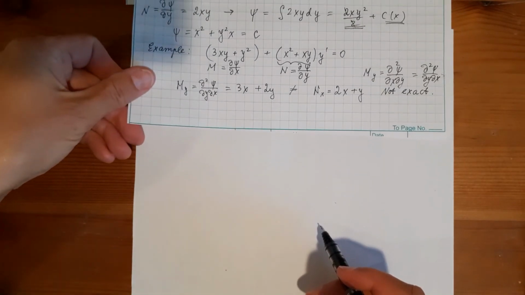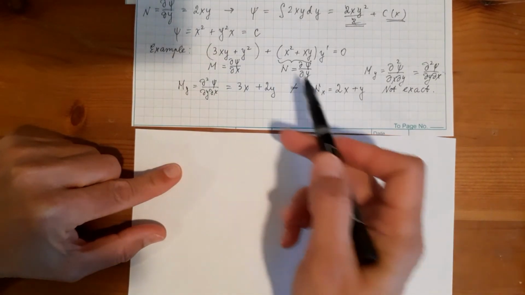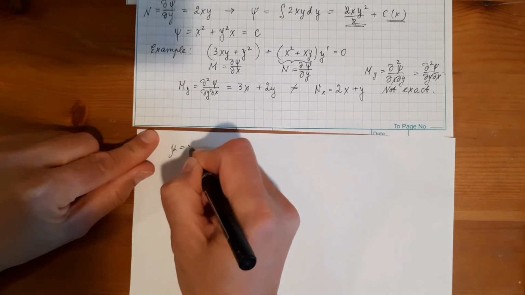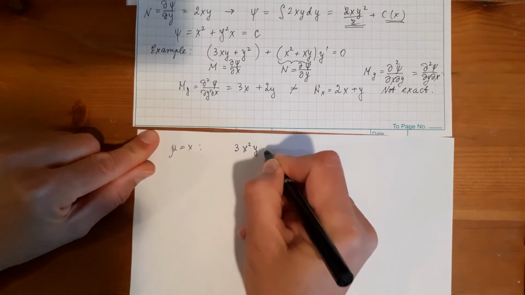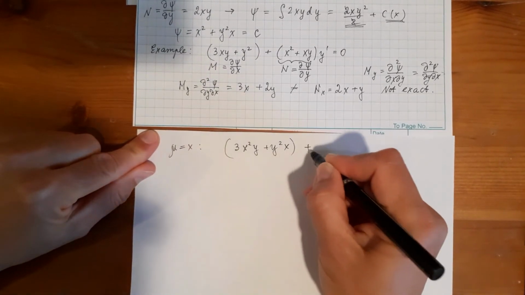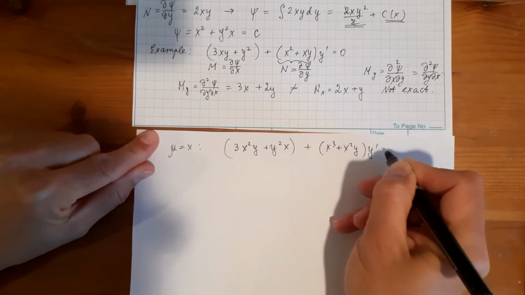So I need to multiply this equation by x, right? My integrating factor mu is equal to x, so I multiply by x. So I'm going to get 3x squared y plus y squared x plus x cubed plus x squared y prime equals 0.